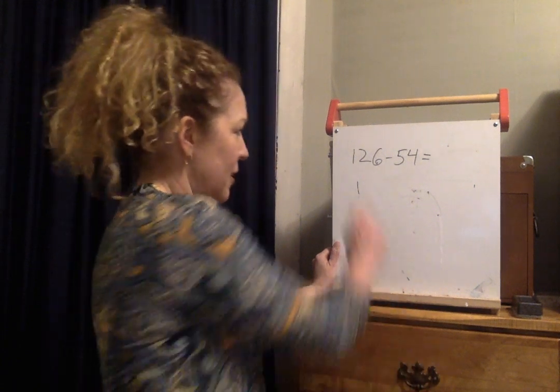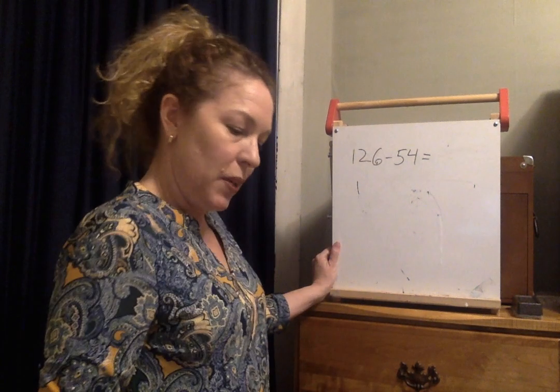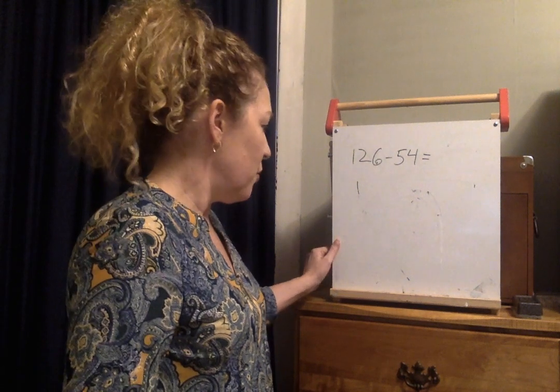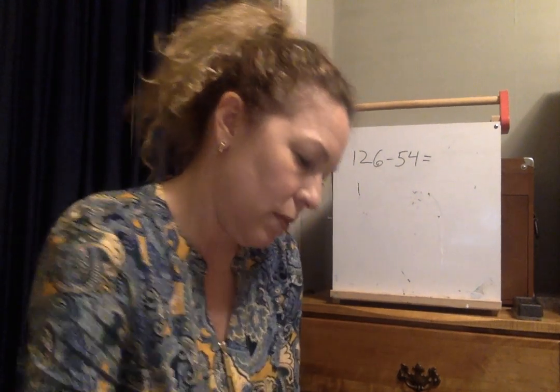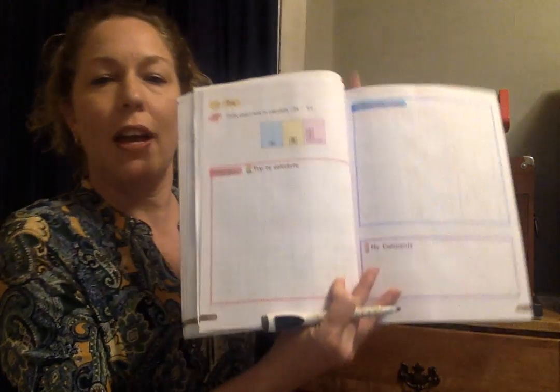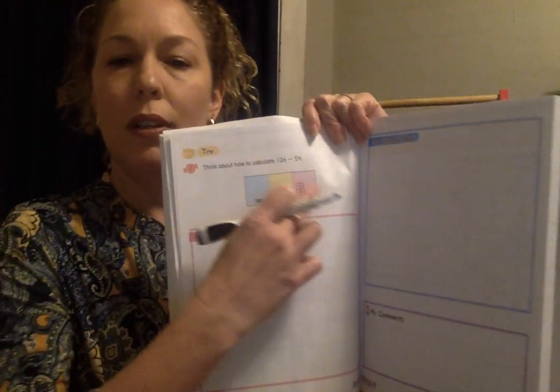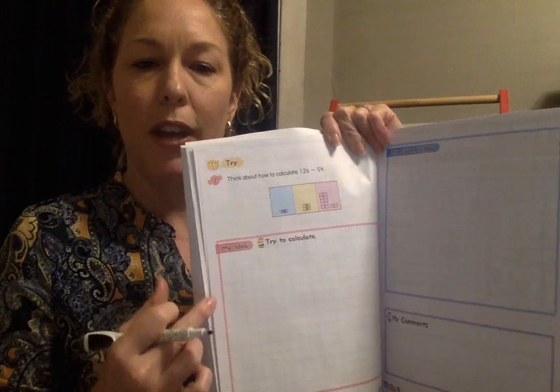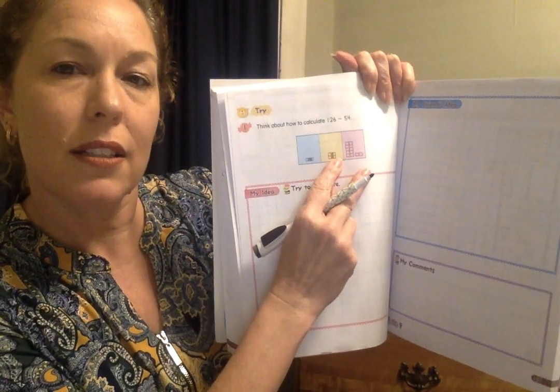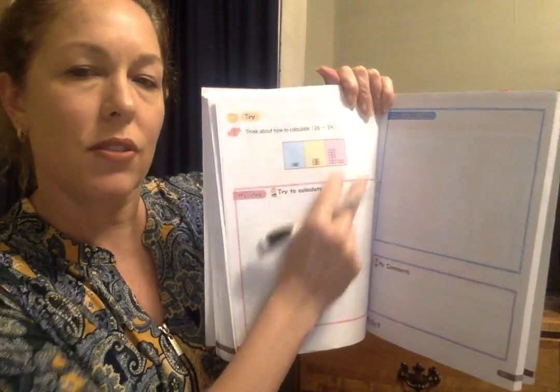And that's interesting because that's the number that you start with. 126. And you'll notice that it's got your fabulous place value laid out for you, right? You got your, what are these called? Hundreds, tens, and ones.